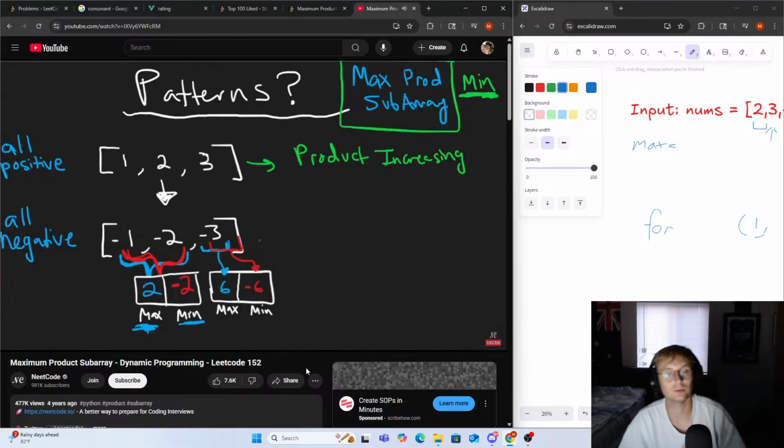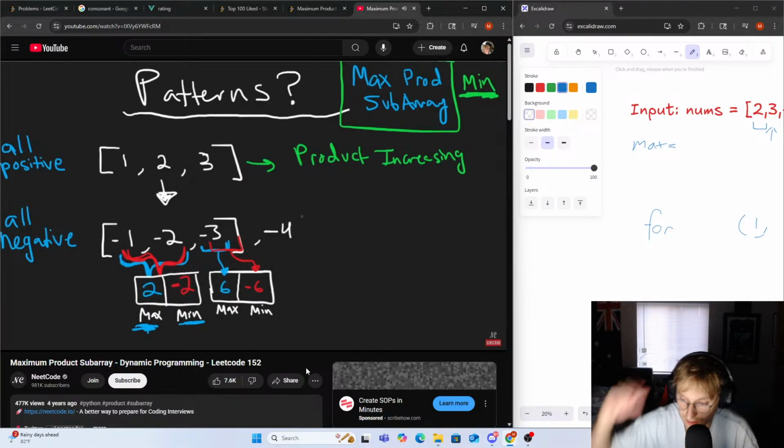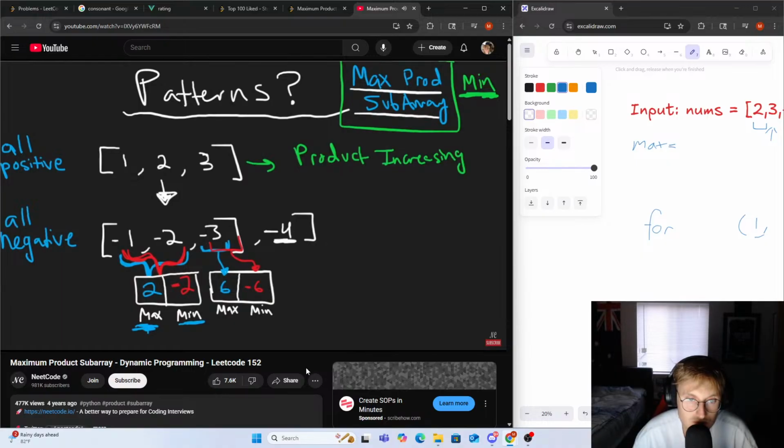And hypothetically, maybe we get another element, and this time, whether it's positive or negative, let's say it's a negative 4. We will be able to find the solution because we're looking for the max product subarray, and we know if we take negative 4, multiply it by the current minimum, which is a negative number, negative 6, we will end up getting 24, which is what we're looking for.